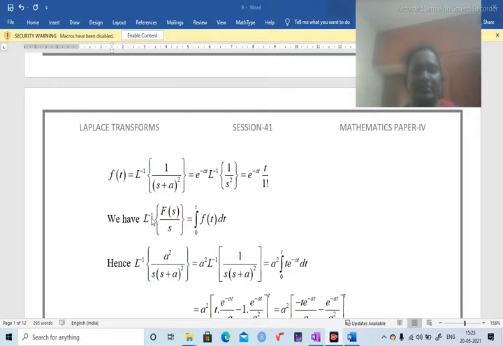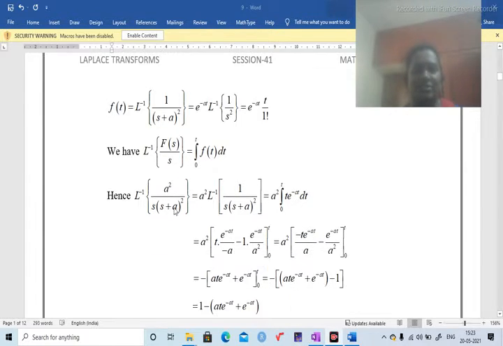Now, L inverse of F(s)/s equals the integral from 0 to t of f(t) dt. So F(s) means 1 by (s plus a) whole squared, divided by s means this s; a squared is a constant. That means this is the given function. A squared put outside, L inverse of this is F(s)/s equals a squared into the integral from 0 to t of t e^(-at) dt.